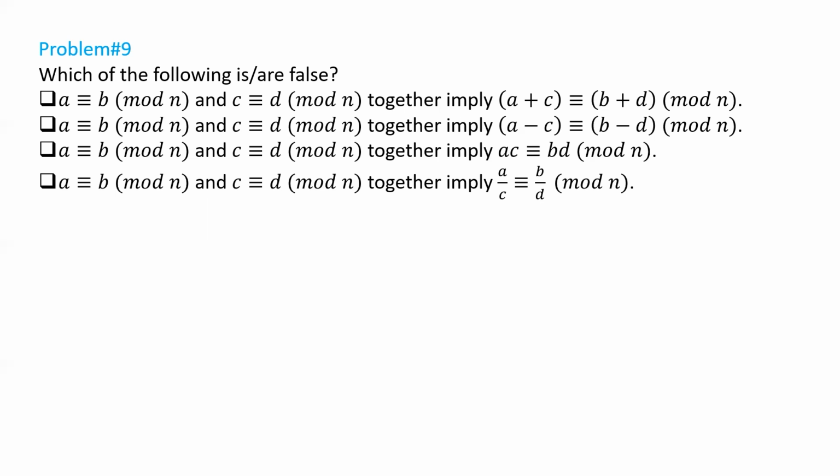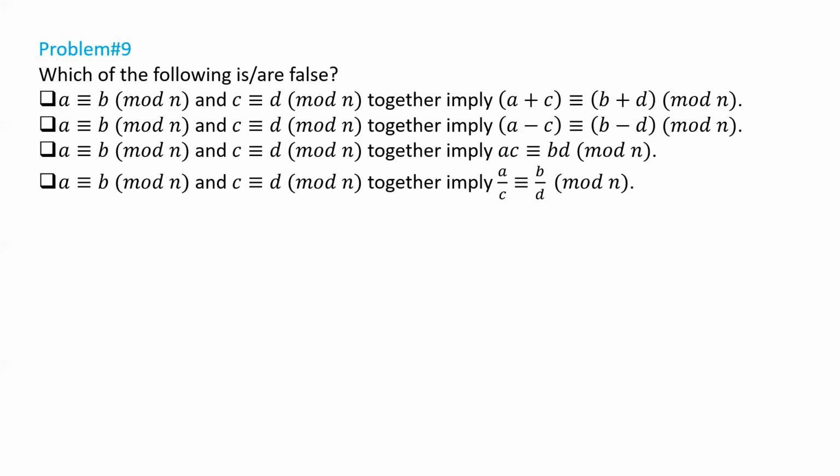Let's say we take n equal to 10. You take any two numbers, let's say 2 and 22, they are congruent modulo 10, right? And you take 7 and 17, they are also congruent modulo 10. So let's say A equal to 2 and B equal to 22, and C equal to 7 and D equal to 17.